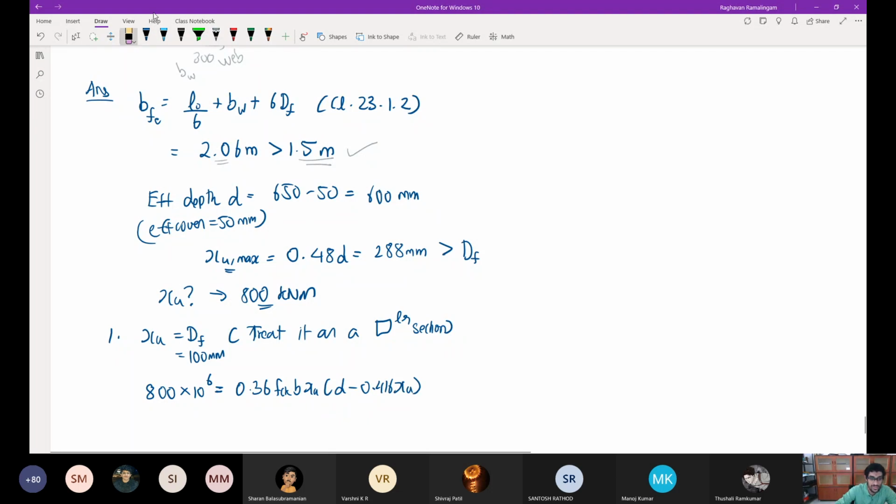Okay, over here, 0.36 and FCK are known, B is known, this is BF. Maybe I'll draw it once so that you don't get confused.